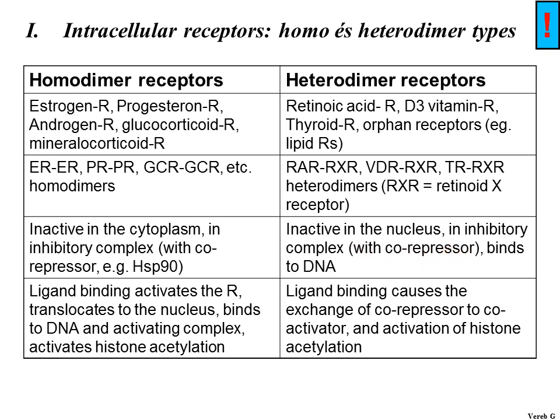And the moment the ligand arrives and gets through the cell membrane and gets into the nucleus, binds to the specific receptor like RAR or VDR or the thyroid receptor, then the co-repressor is thrown away, and a co-activator complex is recruited, which again has the major activity of histone acetylation, promoting the loosening of nucleosomal structure and the start of RNA transcription.